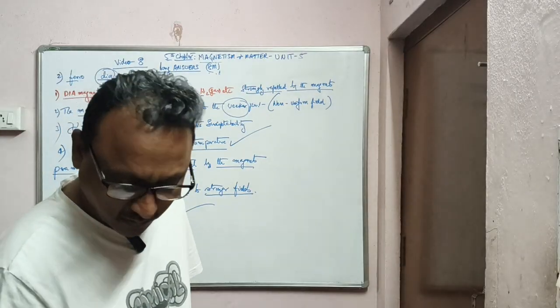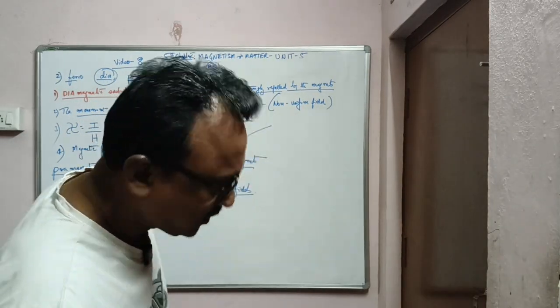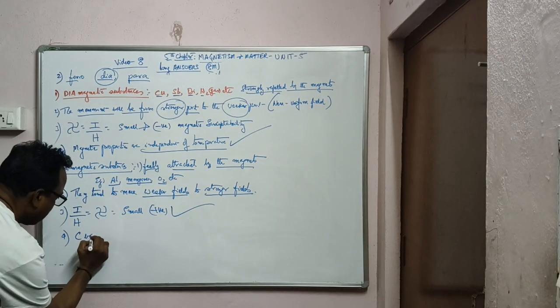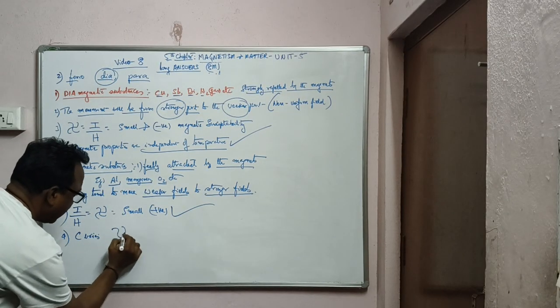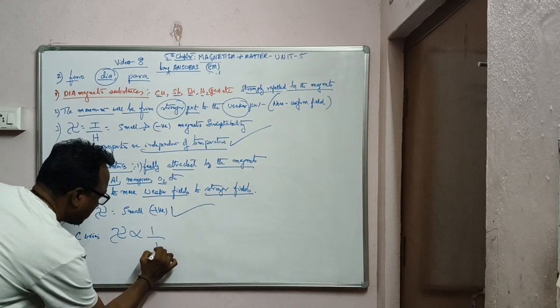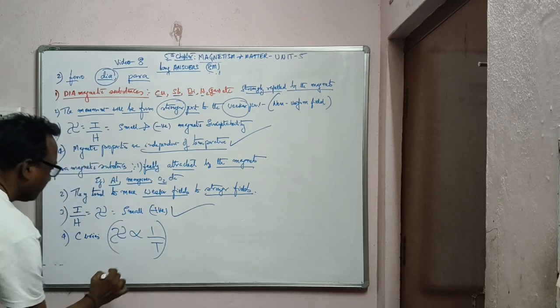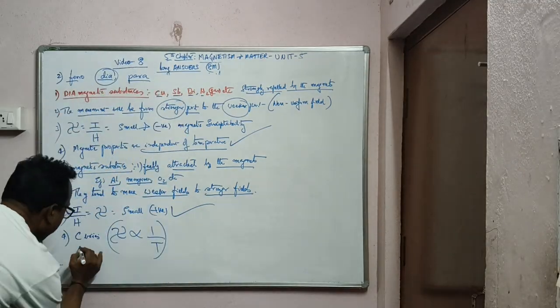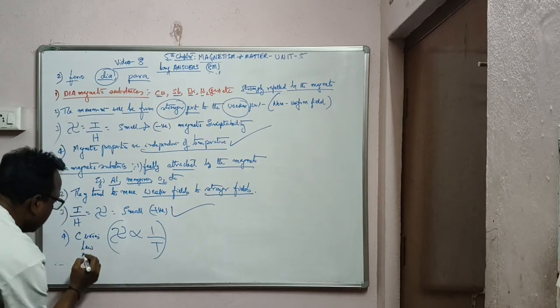Last point you can note down for para, that is Curie's law or Curie's temperature. So here the zeta, the I by H, is inversely proportional to absolute temperature. This is also called Curie's law, after the scientist Curie.